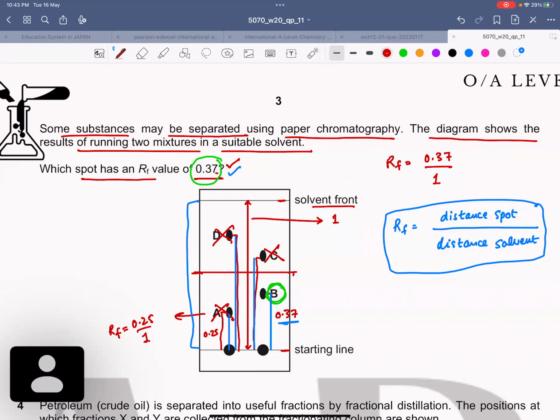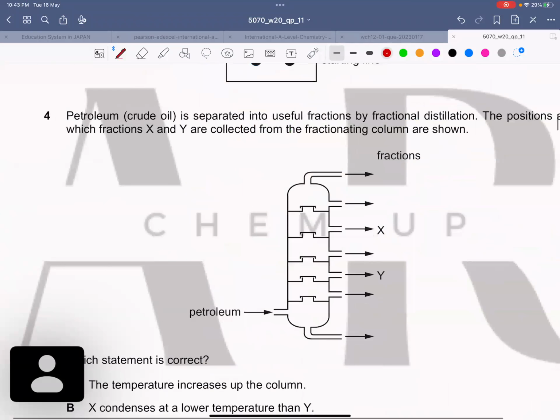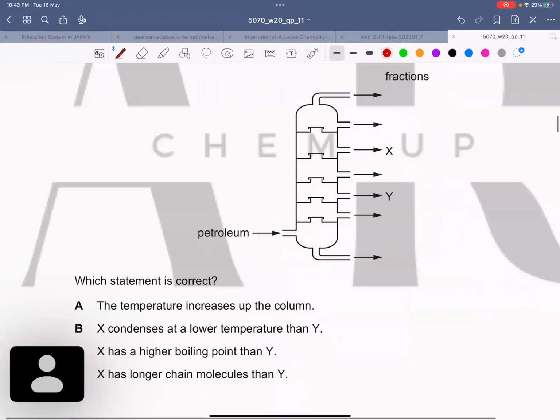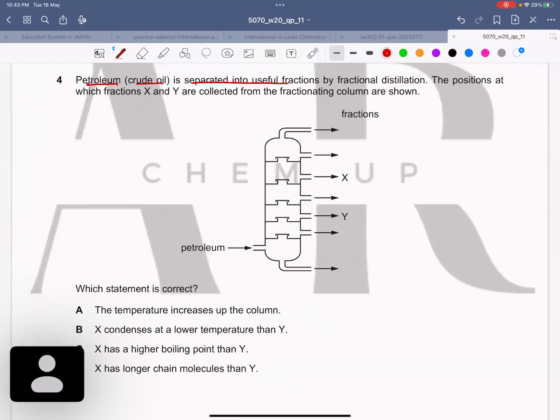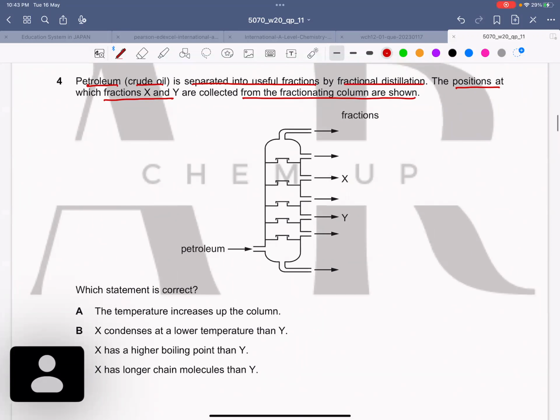Okay. Now, question number 4. Petroleum crude oil is separated into useful fractions by fractional distillation. The positions at which fractions X and Y are collected from the fractionating column are shown. Which statement is correct?